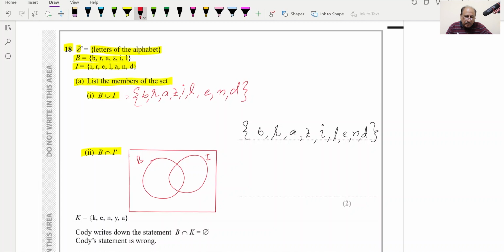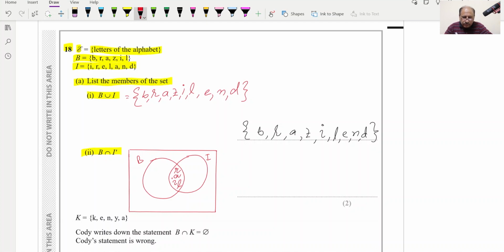B and whatever is common in both, whatever is common in both we will write in the middle. So R is in both, so we can write R over here, A also in the middle, and I also in the middle, and L in the middle. So these are counted for B as well as for I.